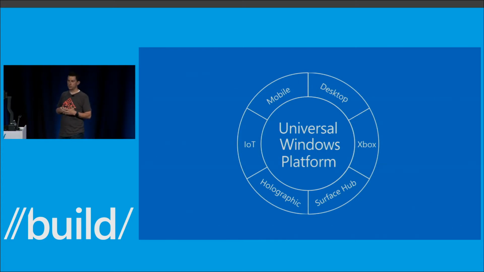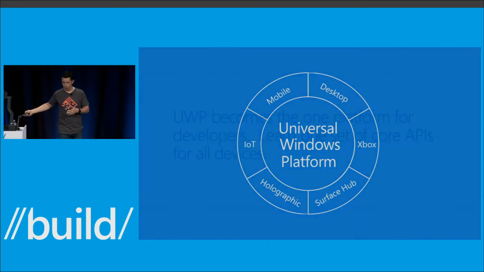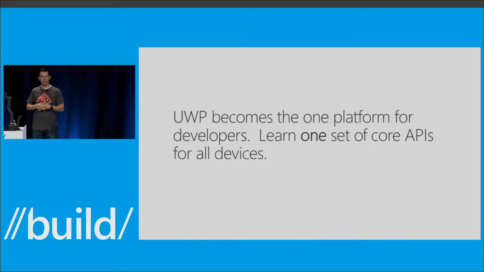This Universal Windows Platform is the one place that you want to target. So the UWP, the acronym for Universal Windows Platform, becomes the one set of core APIs that you as a developer have to really focus on to target all these Windows device endpoints.